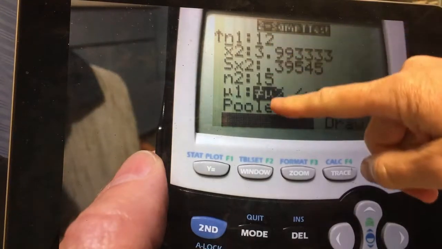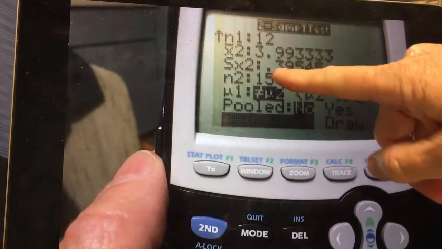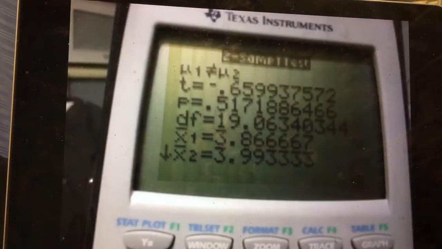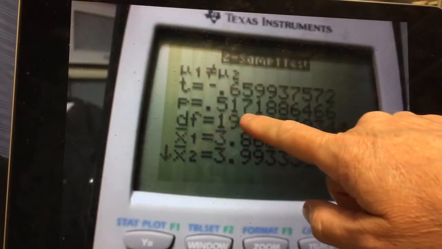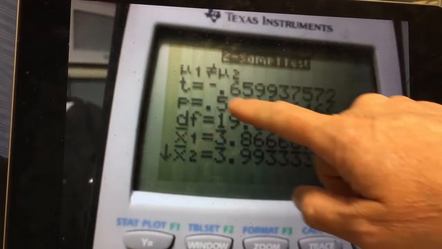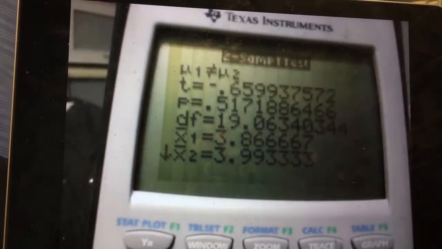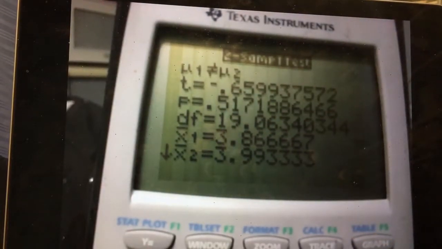We're going to end up getting the p-value here: 0.51718, and the t-value is negative 0.6599. All right, so let's go look and see how that compares to what they gave us.